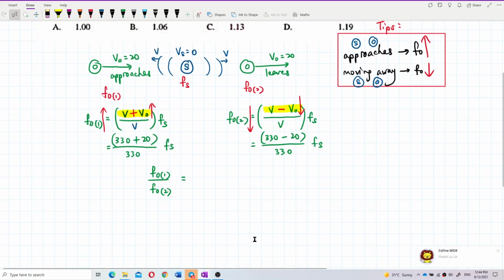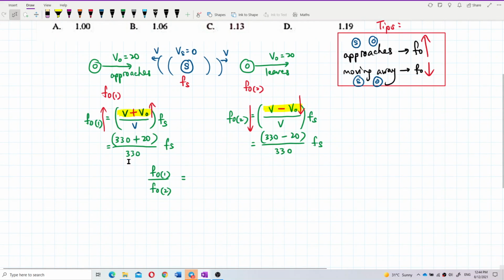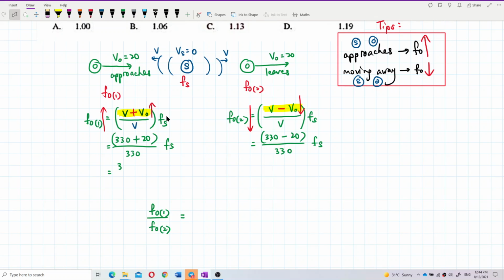Okay, this one we need to change. This one becomes 350 over 330, and then 310 over 330.